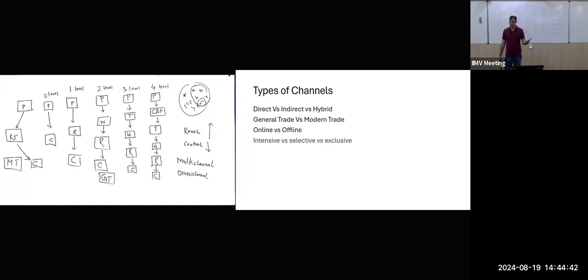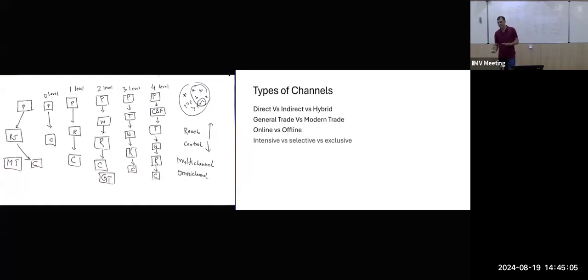So we understood in this session what a distribution channel is, which is nothing but a network between producer and customer. We also tried to understand what the different channels are, be it direct, indirect or hybrid, general trade or modern trade, online versus offline, intensive, selective or exclusive.